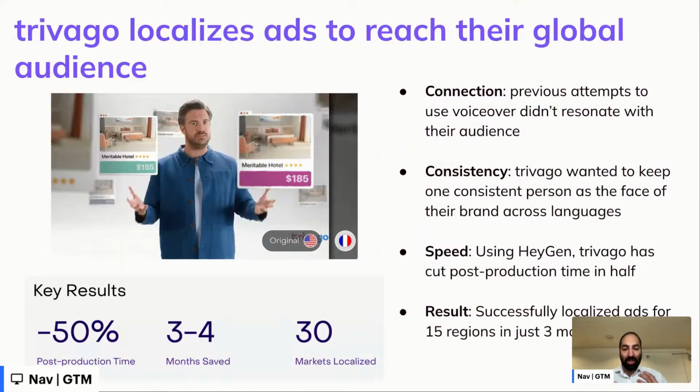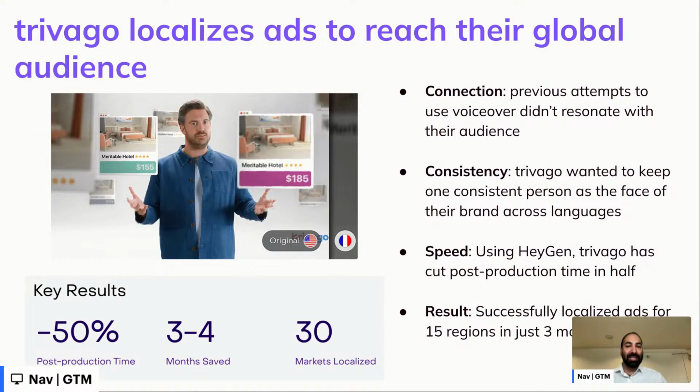So a few customer examples to ground you in context before we jump into the product demo. So what are some of the different ways businesses apply HeyGen? Well, Trivago, a global travel company, is using HeyGen to actually localize its ads. So we see HeyGen helping drive significant cost savings as they want to take a spot that they produced for one market and take it to other markets that they do business in.